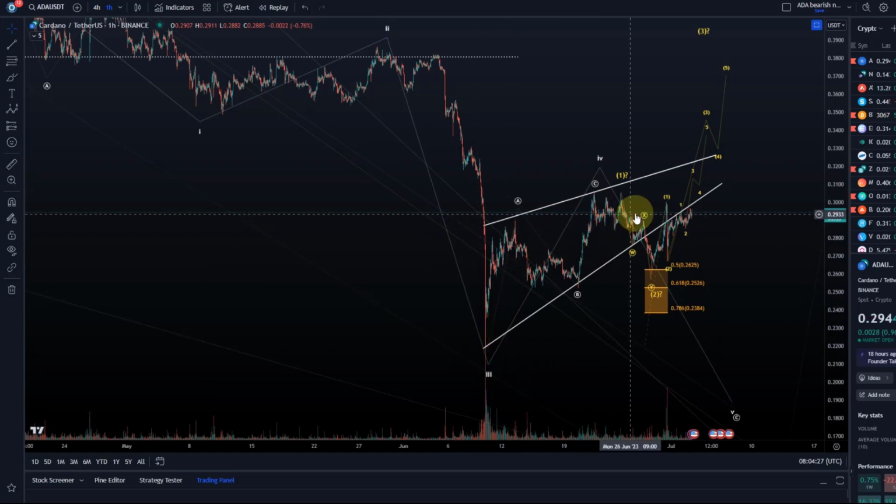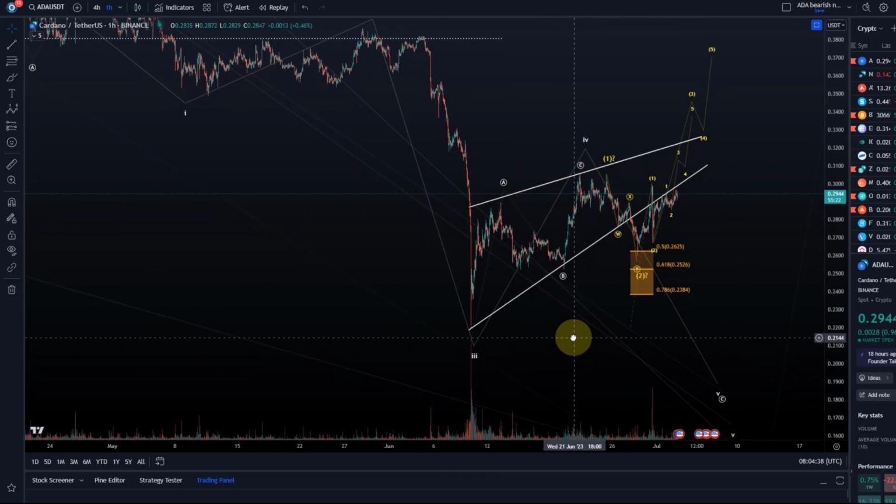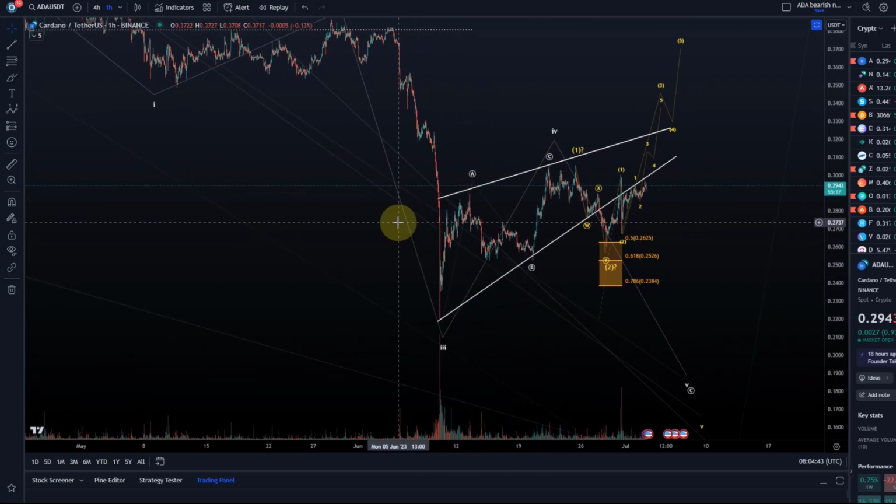However, as you can clearly see, there is no impulse. There is potentially a leading diagonal, but that is extremely ugly, which is the wave 1 here in the yellow wave count. So because there isn't really anything there with substance at this stage, I have to assume that ADA will make another low.